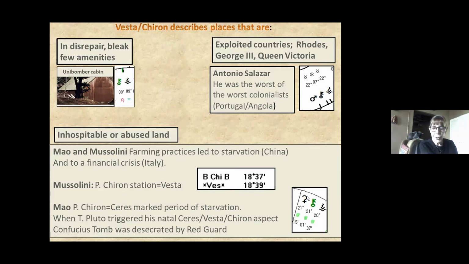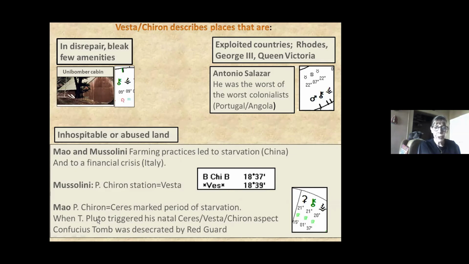Now, this was interesting. When progressed Chiron hit Ceres, that's when all of these people starved. We see the whole picture of Ceres, Chiron, Vesta, and the inhospitable land and abusing it. That was one period of his life.